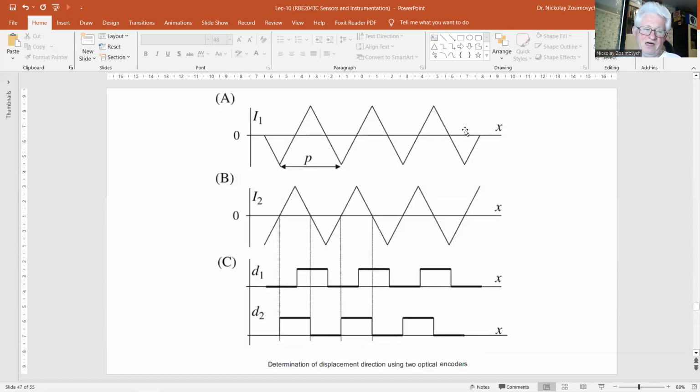Actually, there must be two pairs of transmitter and receiver fibers to enable measurement of the direction of displacement, according to the principle given in this figure. The system is used for measuring vibrations of large civil structures and has a useful bandwidth of 5 Hz.